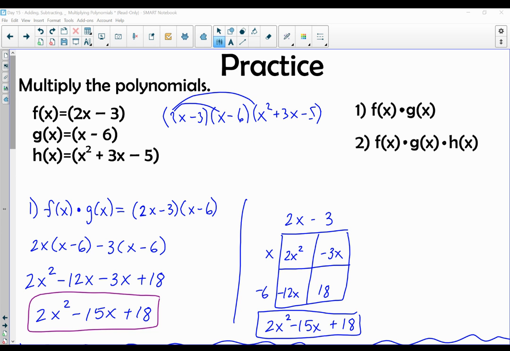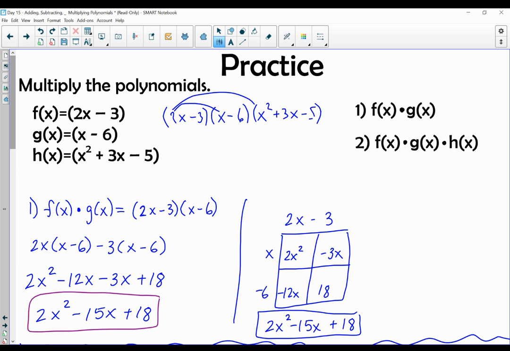It doesn't matter which two you multiply together first. It just so happened that for my question in number 1, I had already multiplied f of x and g of x, but let's say you weren't. You didn't already have that, and you were just asked to multiply 3 separate polynomials. You have to start by multiplying 2. So you could also have multiplied this one by this one, okay?